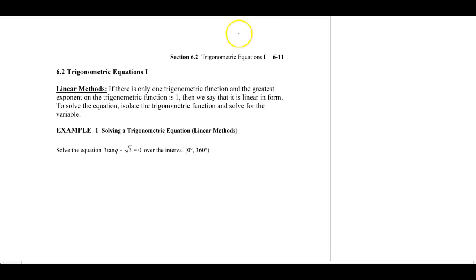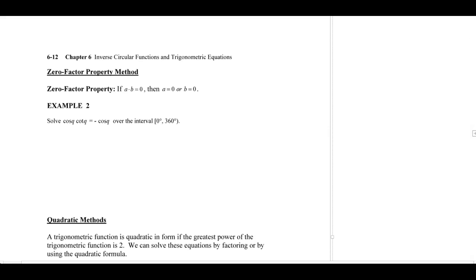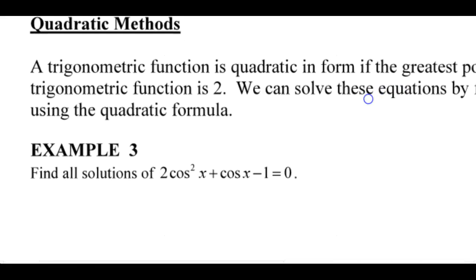Okay, so in this example, we are going to solve a trigonometric equation that is linear in form. So really quick, to make it clear what it means to be linear in form, you see how when we look at this term here, the tangent function is raised to the power 1, versus in this example here, where we see that the cosine function is raised to the power 2.